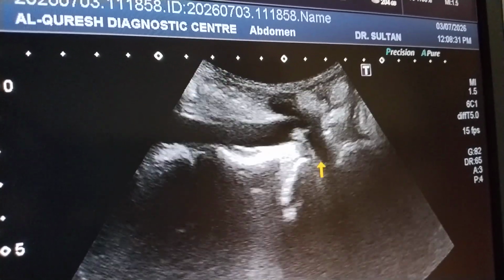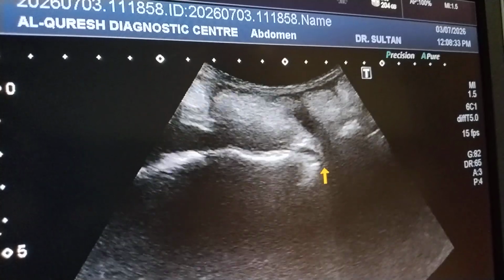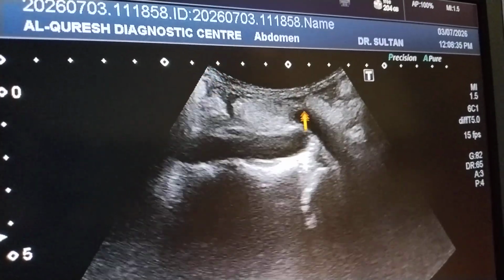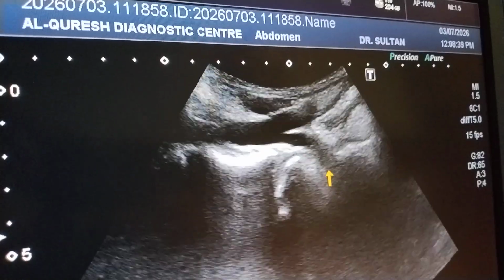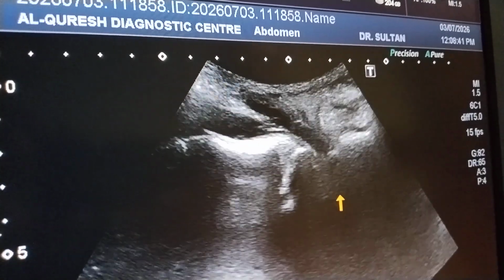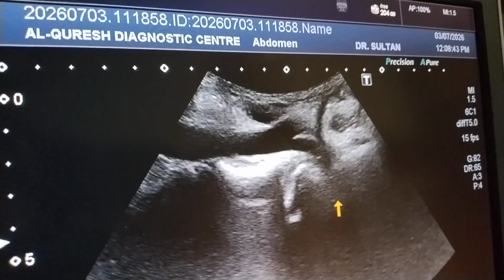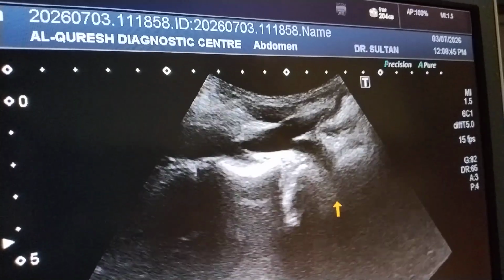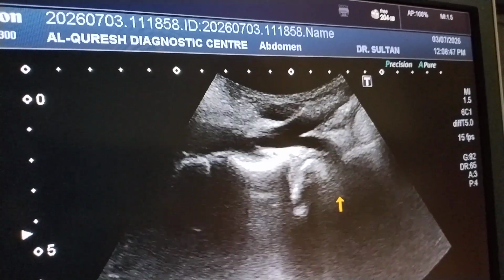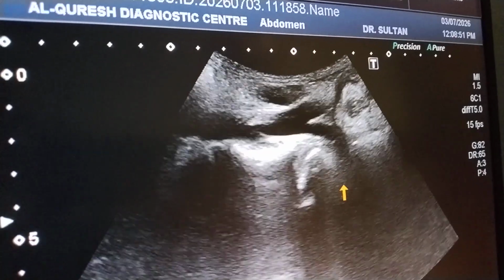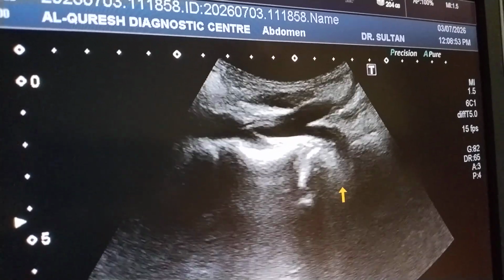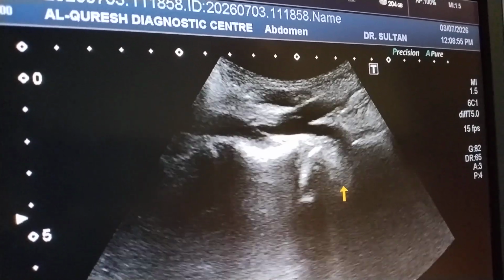If the ureter has crossed the iliac vessel and we are unable to find the stone, then in the pelvic area there are abundant gases due to the distal ileum lodged here at the pelvic region.